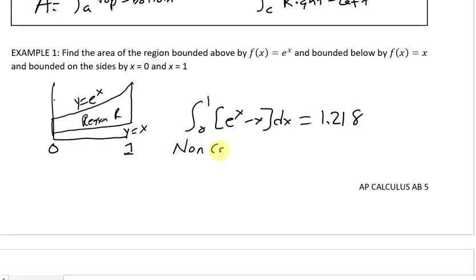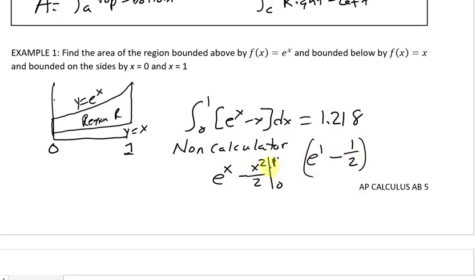Now if we do that non-calculator, we would take the antiderivative, which would be e to the x minus x squared divided by 2, evaluated from 0 to 1. Then I would plug in e to the first minus 1 squared, which is just 1, so 1/2. That's plugging in 1. And we plug in 0, e to the 0 minus 0 over 2, so of course that drops out.